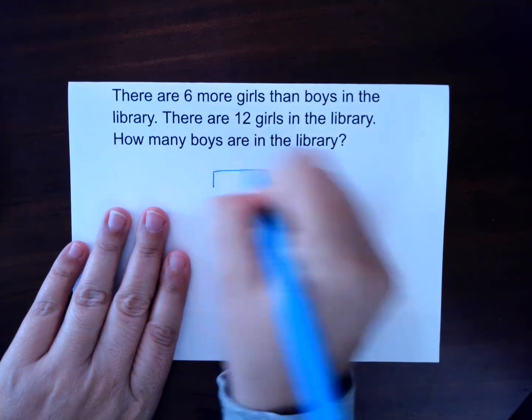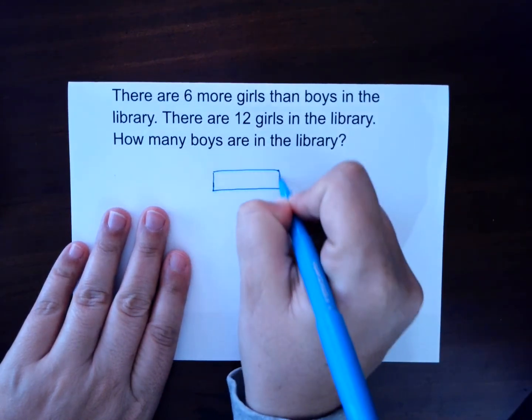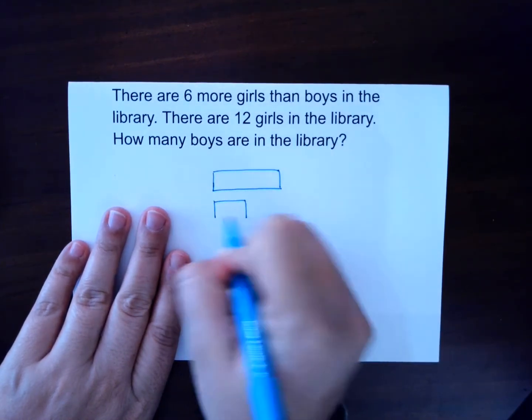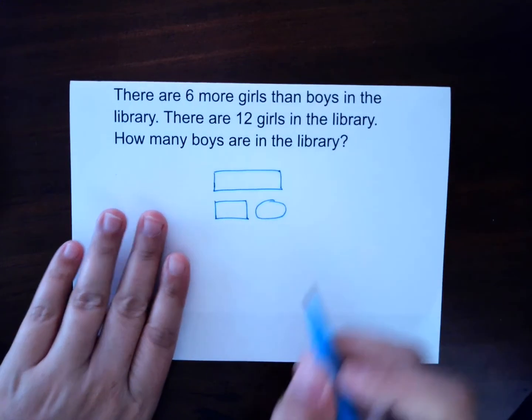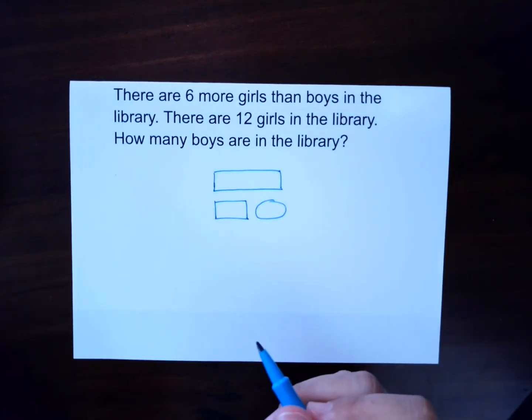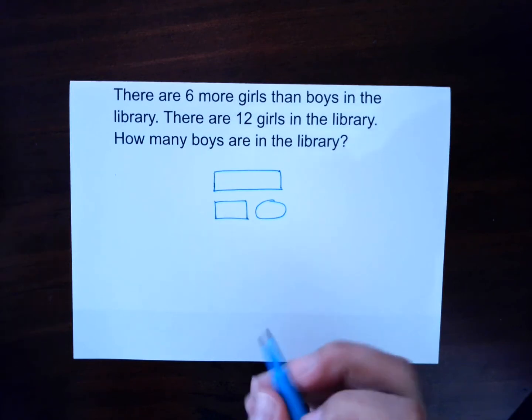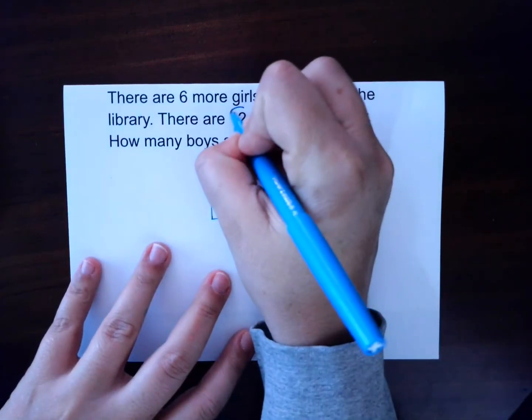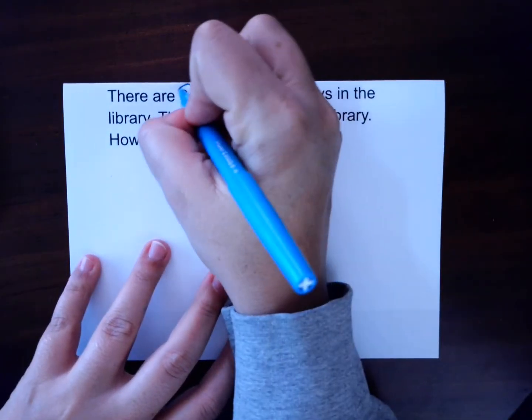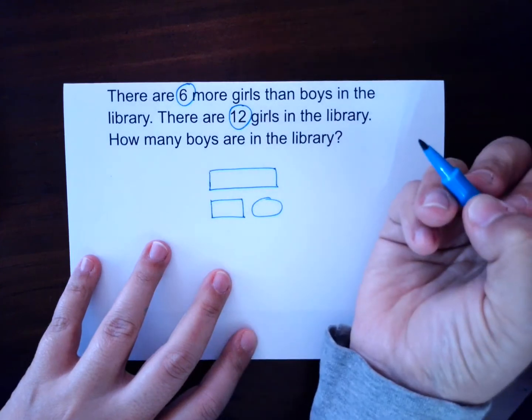So go ahead and get your comparison bars ready. I'm going to use a G for girls and a B for boys. So I'm going to take my cube strategy and start by circling my numbers. So I have a 12 and I have a 6.